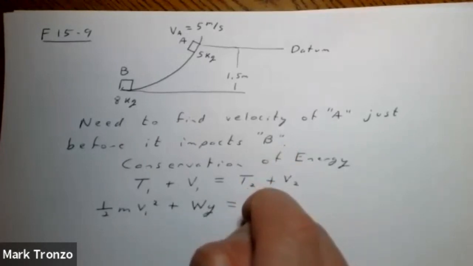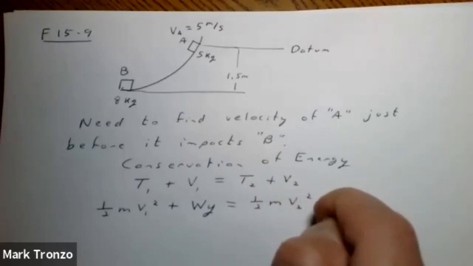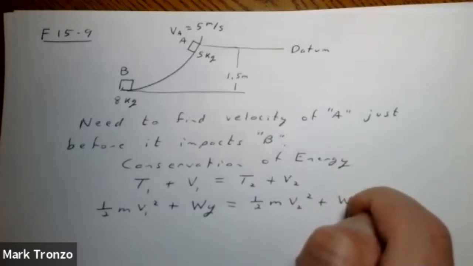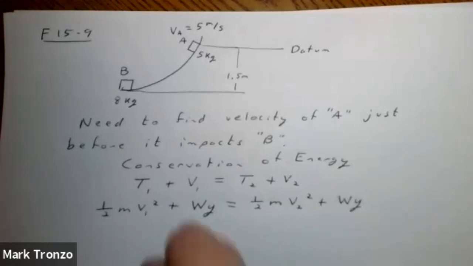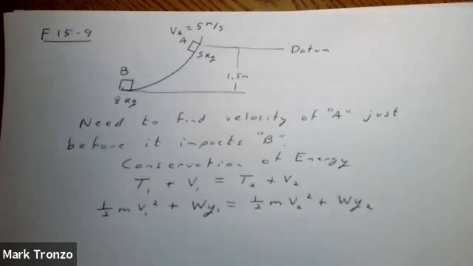And then on the other side, 1/2 m v2 squared, once again, plus the weight times y. We should maybe mark one of them y1 and y2 just to distinguish them. Now, since we're starting at the datum line, this y1 is going to be 0.